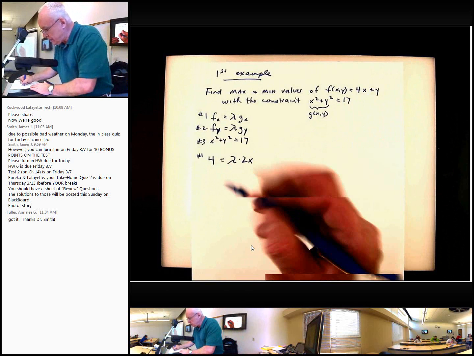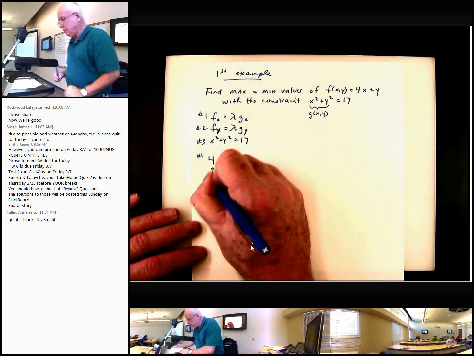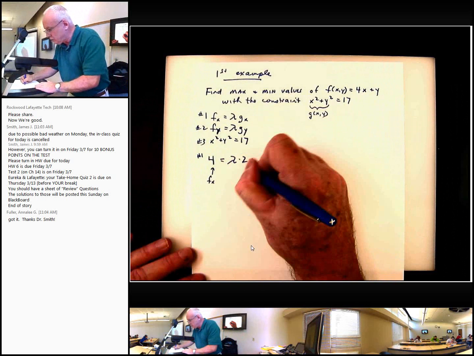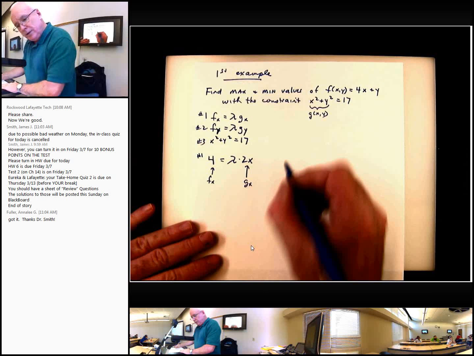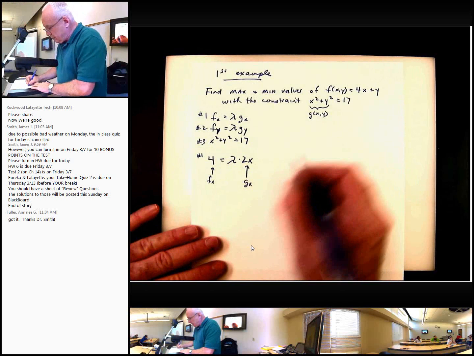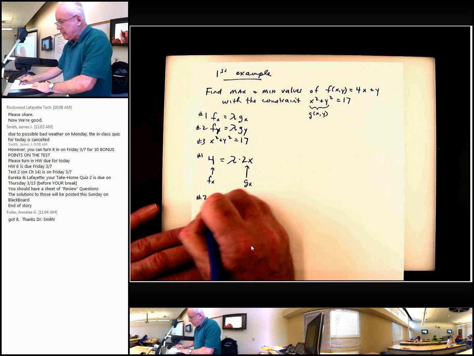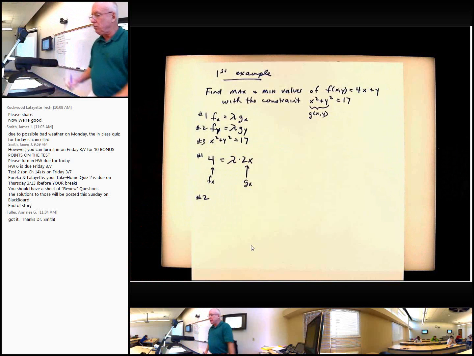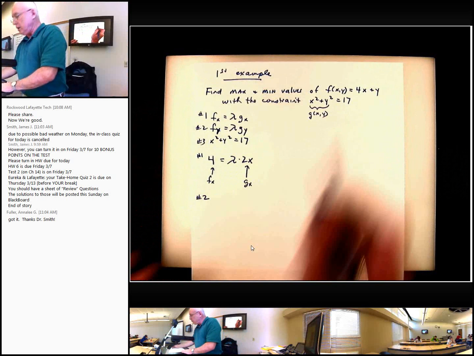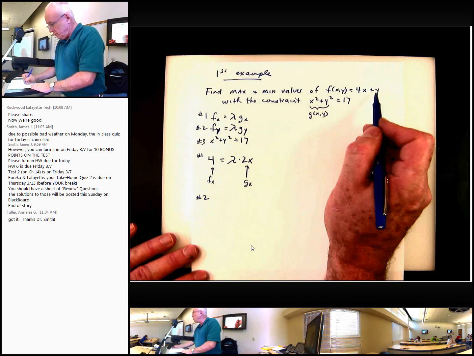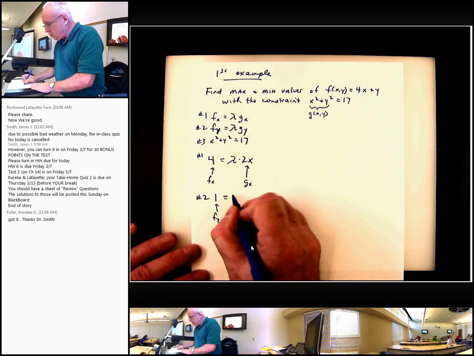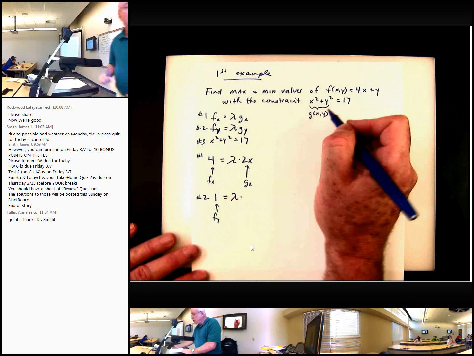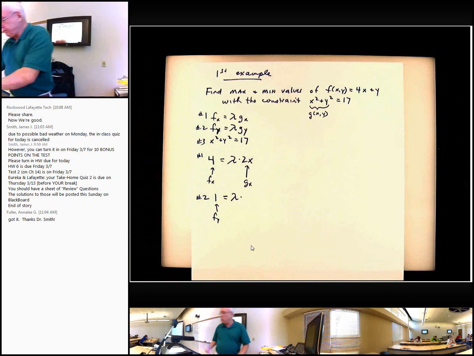This is the f_x, this here is the g_x, and we have that lambda. Then number 2 equation is f_y equals lambda g_y. So f_y here is going to just be a 1, and that's going to equal lambda. g_y is going to be 2y.